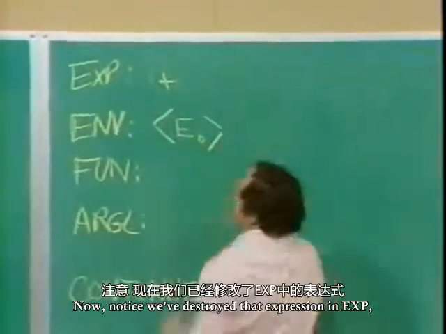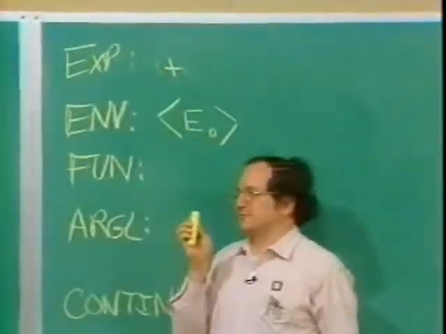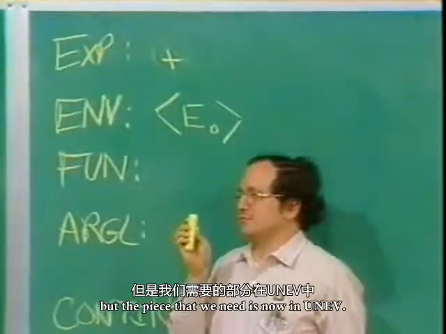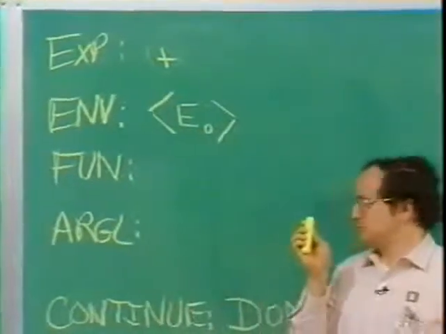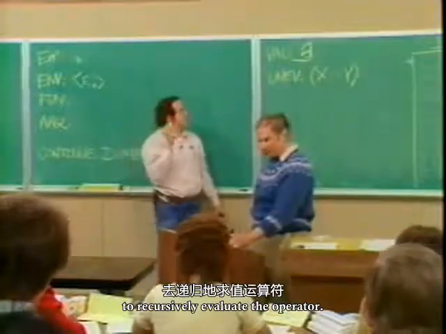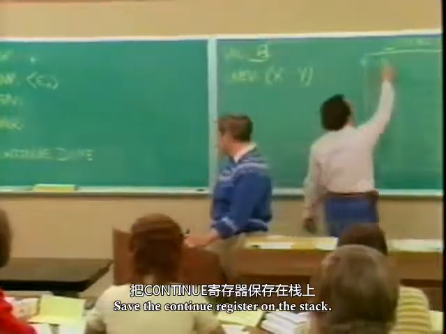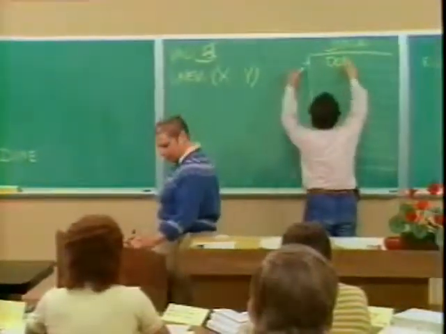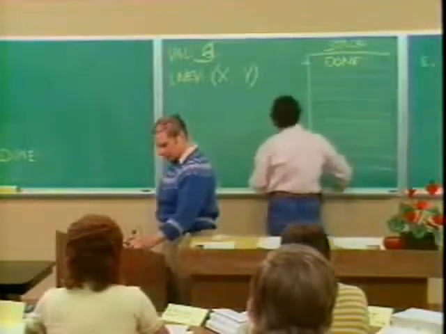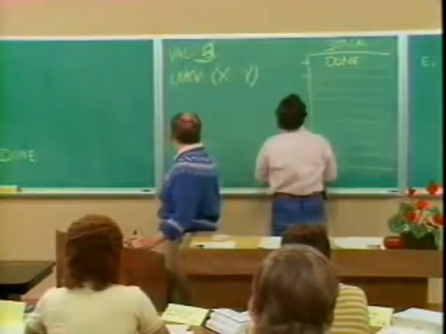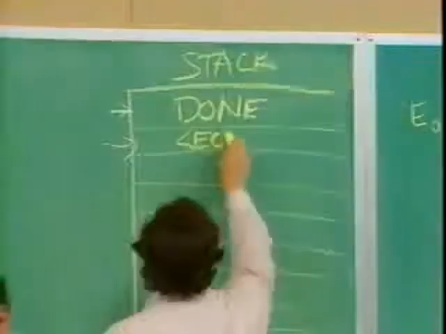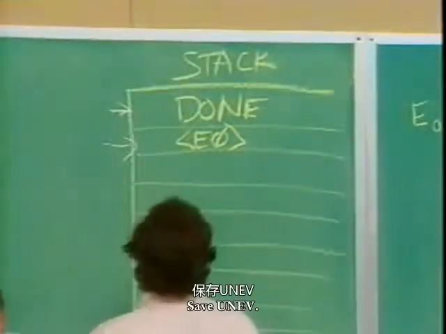Now notice we've destroyed that expression in exp. But the piece that we need is now in unev. Now we're going to get set up to recursively evaluate the operator. Save the continue register on the stack. Save the environment. Save unev.